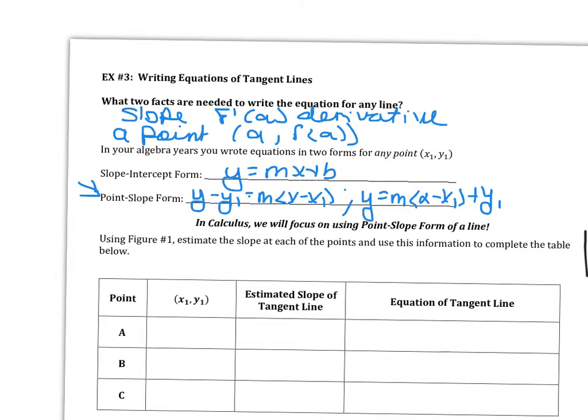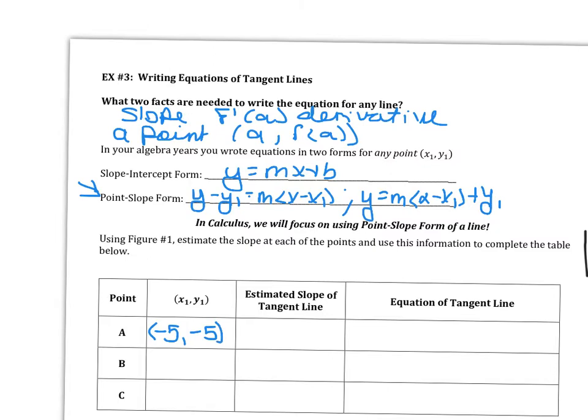So using your figure number 1, estimate the slope at each of the points and use this information to complete the table below. If you go back to that graph, figure 1, we're going to take a look at those tangent lines and estimate the slope. That's why they say use a straight edge. Apparently with A, there was a point at -5, -5.